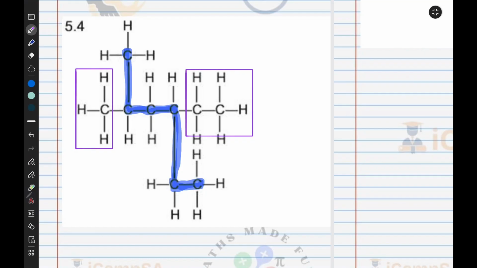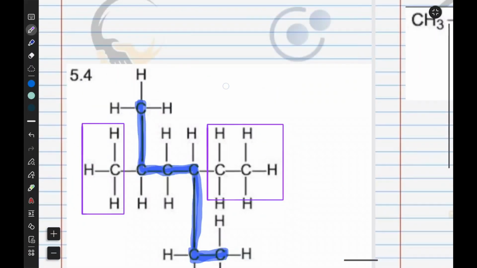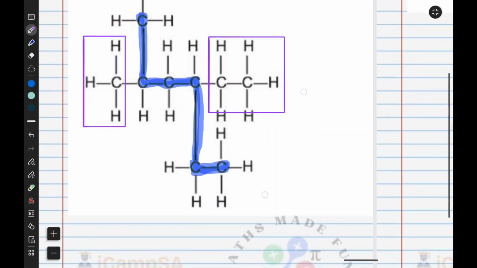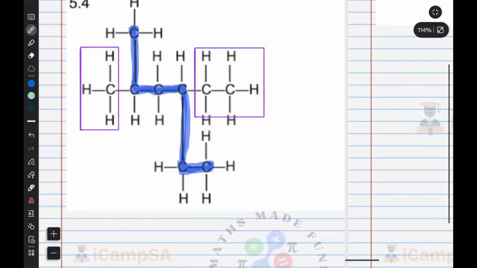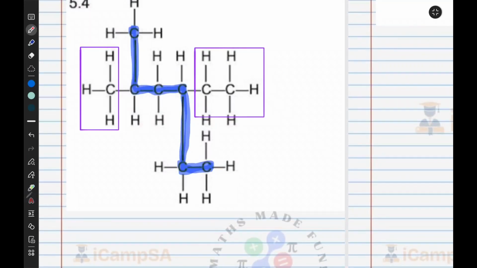Excuse me. So how do we name this one? So with this one, if we had chosen this chain, you would find that if I number from up to down, for instance, I'll get that this is 1, 2, 3, 4, 5, and 6.